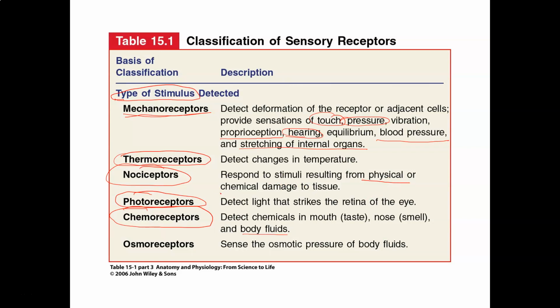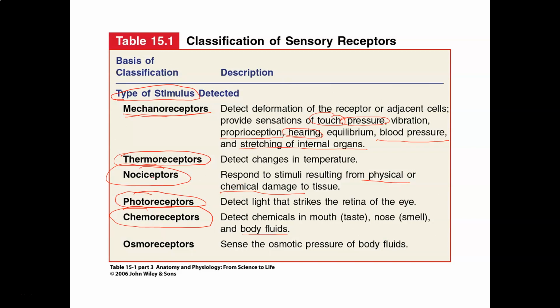Or chemical damage. So you would be responding to chemicals like chemoreceptors. So for instance, when you have tissue injury, say you get a bad cut, there will be some chemicals released from the damaged tissue cells that will stimulate pain receptors. So, that's acting like a chemoreceptor.